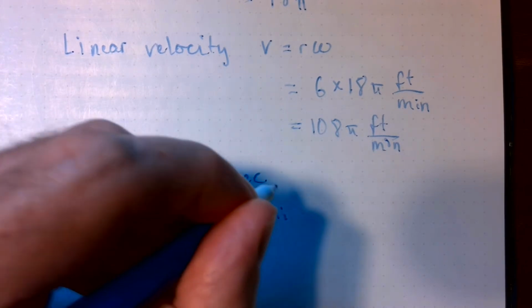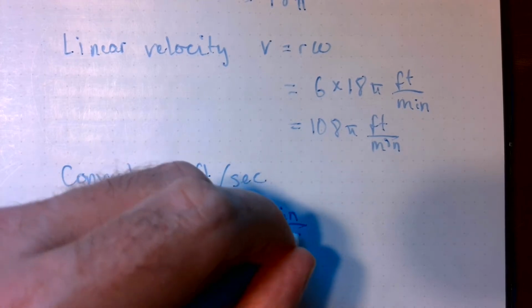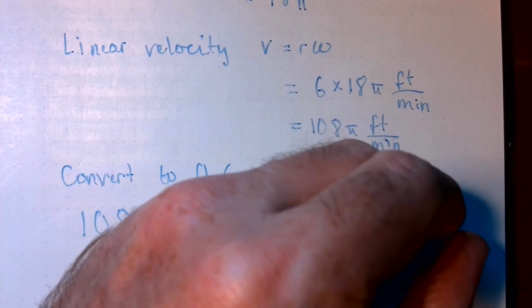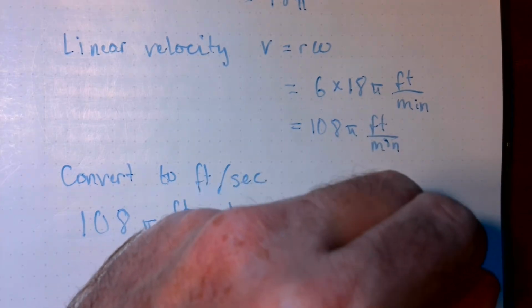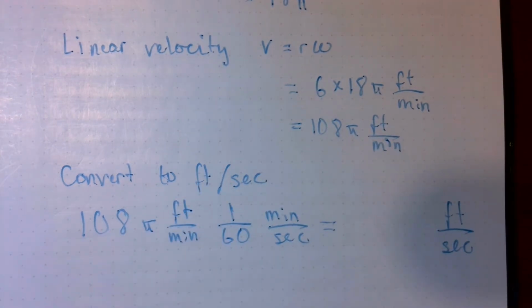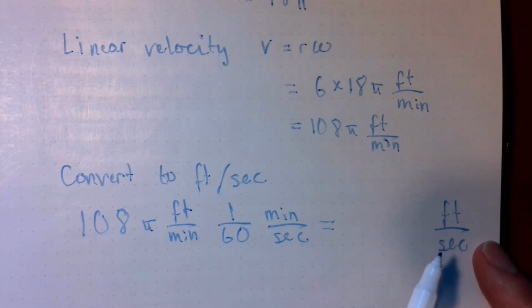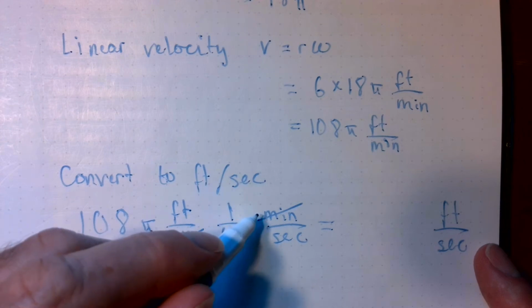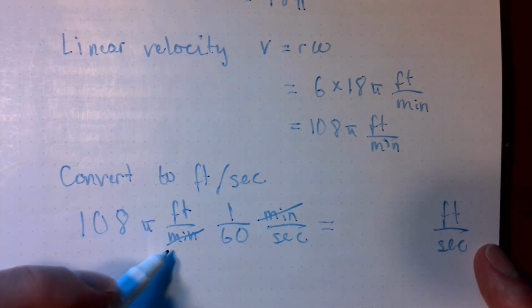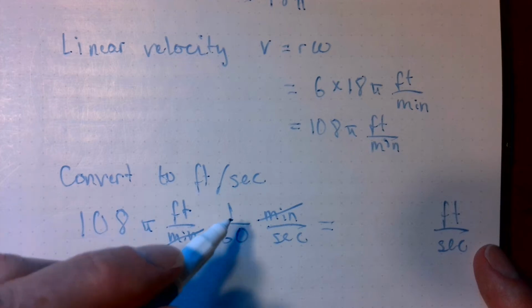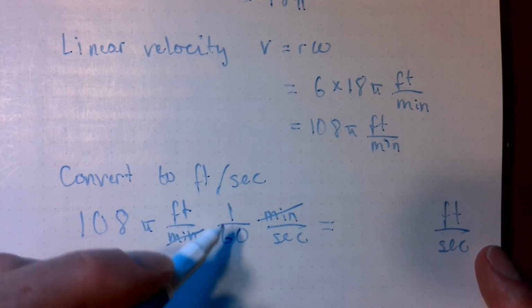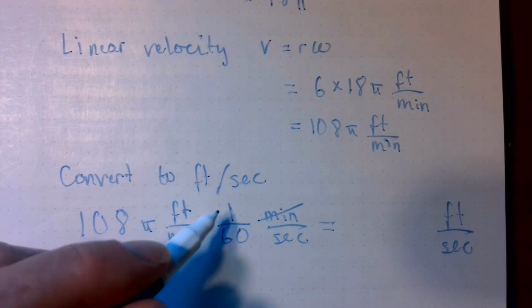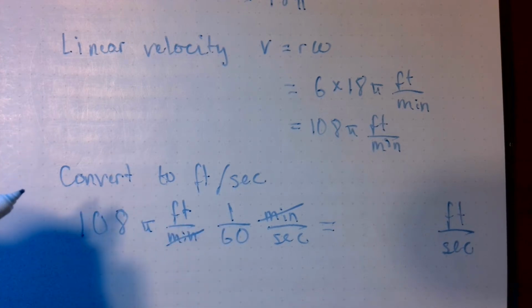And I think I need to do it like this. The reason is because I want my answer to be in terms of feet per second. So I want to cancel out the minutes. So I should put the minutes in the numerator to cancel out the minutes down here in the denominator. And if I got minutes in the numerator, that means I should have seconds down here. So 1 minute, 60 seconds. So I should set up the conversion factor this way.